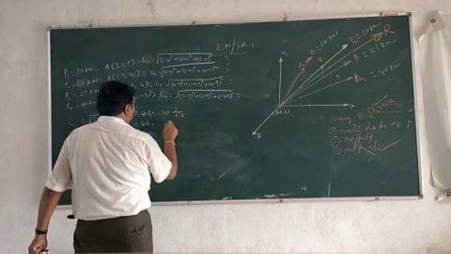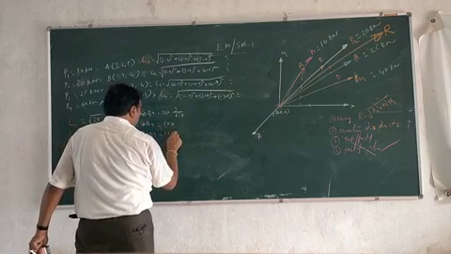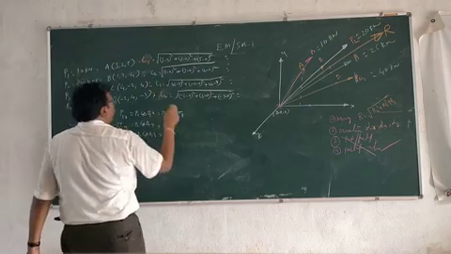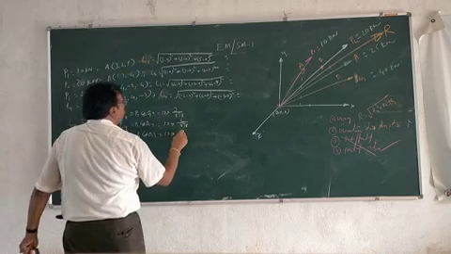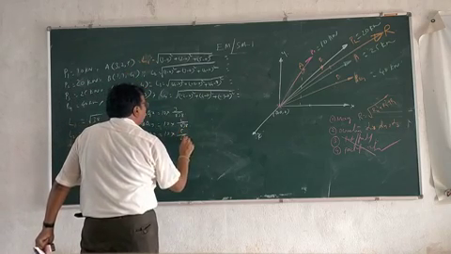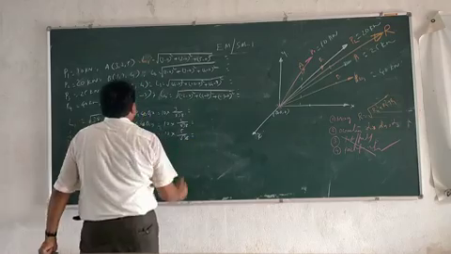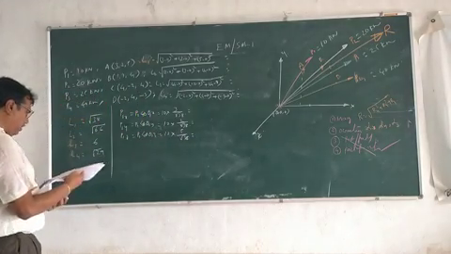So this is 10 into 2 by root 38, and 10 into 5 by root 38.